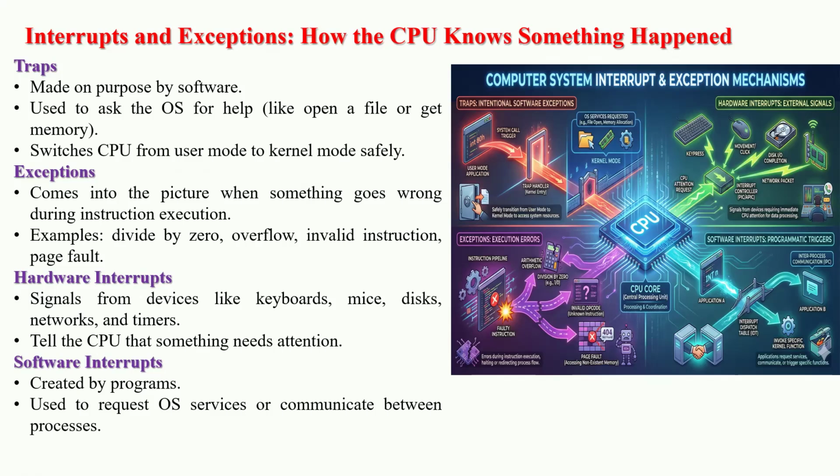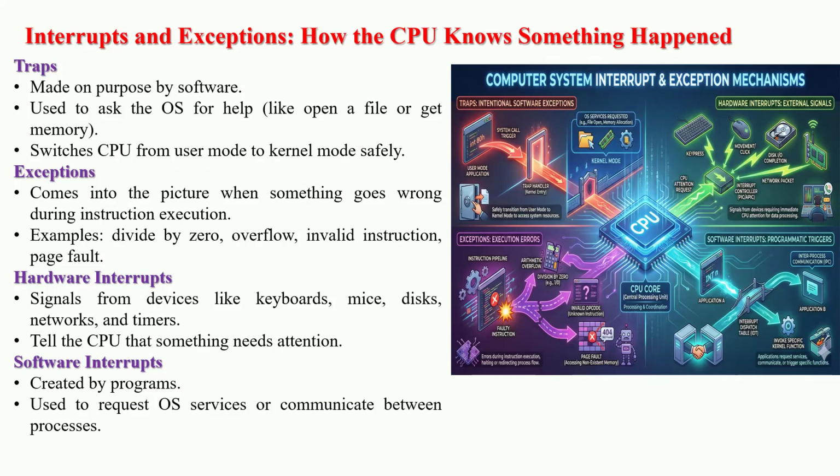Further, some interruptions come from the hardware. For example, when you click a mouse in the computer lab, when a pen drive is inserted, when data comes from Wi-Fi, hardware sends a signal, and these are hardware interrupts. And some interruptions come from the software.